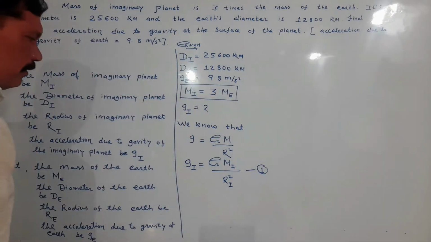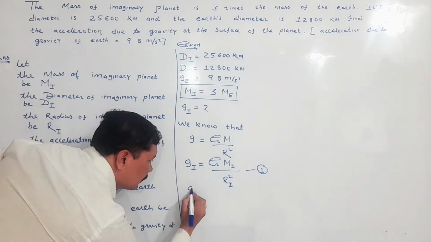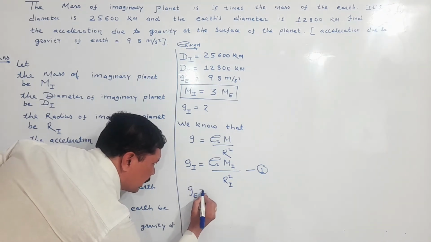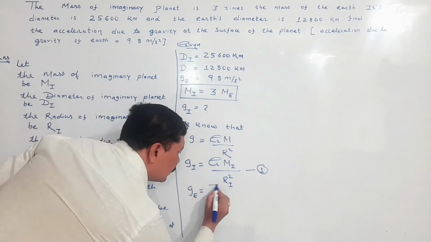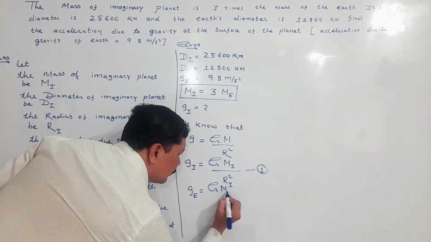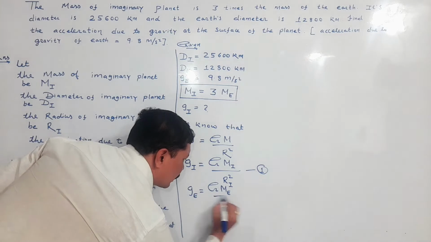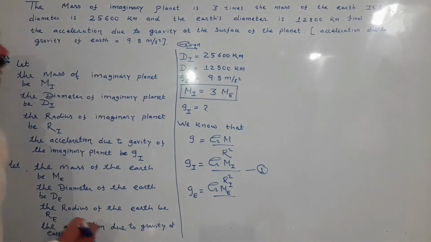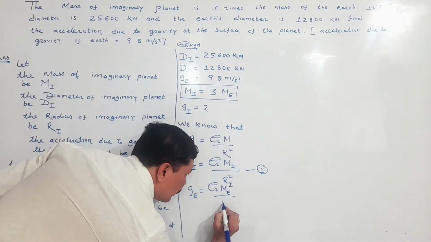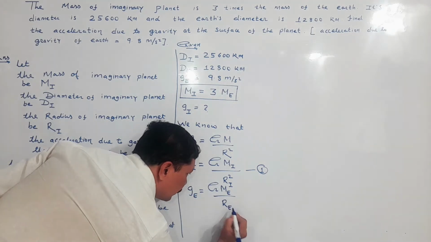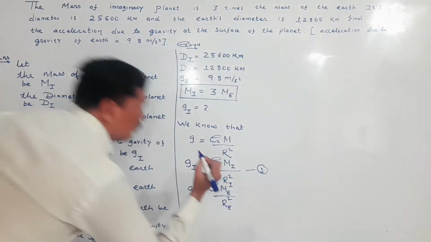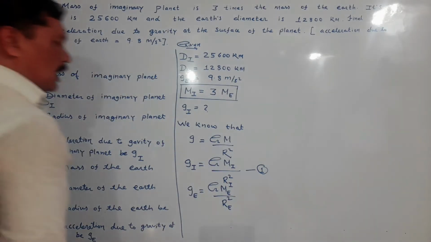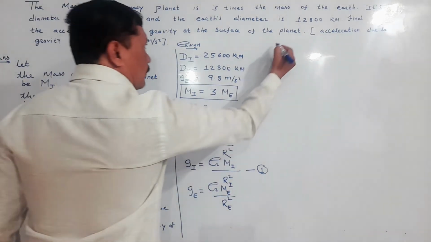In the same way, we can write acceleration due to gravity of Earth is equal to capital G mass of the Earth divided by radius of Earth whole square, that is Re square.